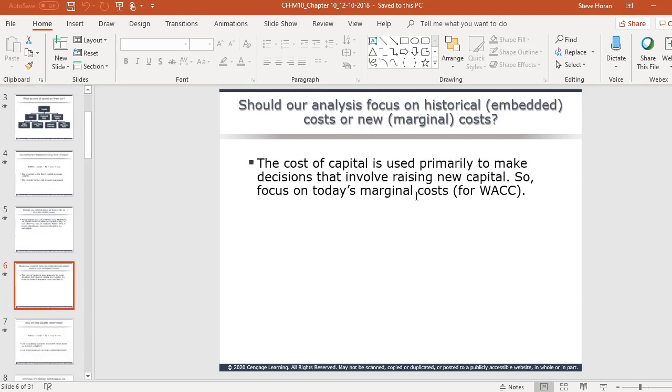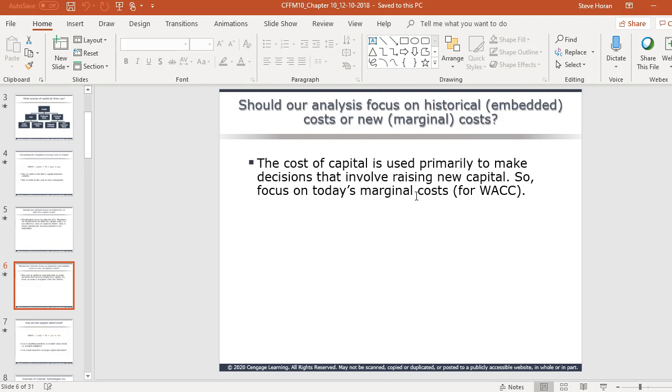Okay, and also it says, should we focus on more historical or embedded costs or more new marginal, forward-focused costs? Keep in mind that the reason we come up with the WACC calculation is to be forward focused. We're trying to figure out what the cost will be in raising new capital.